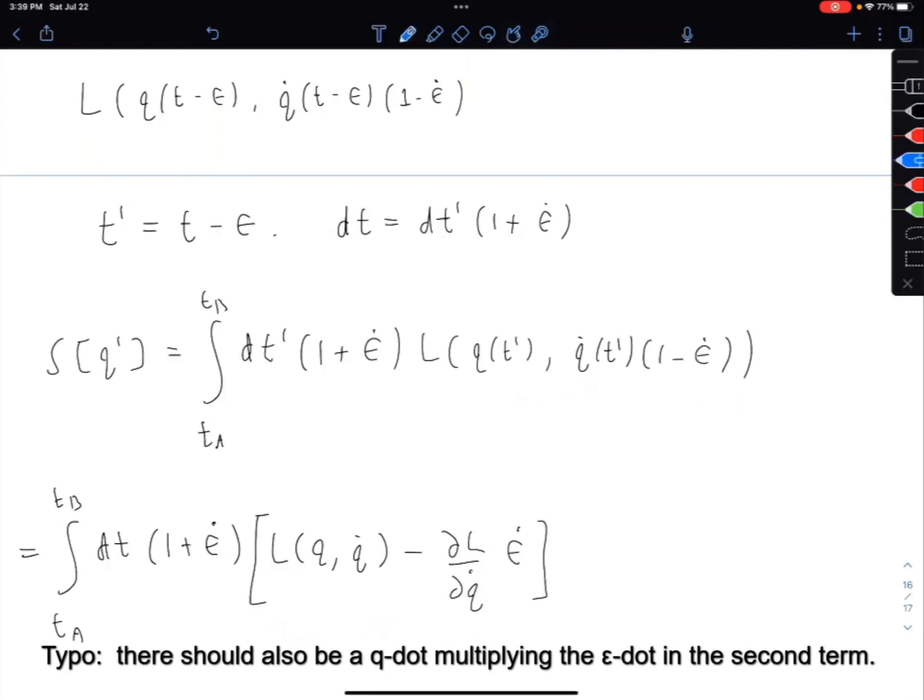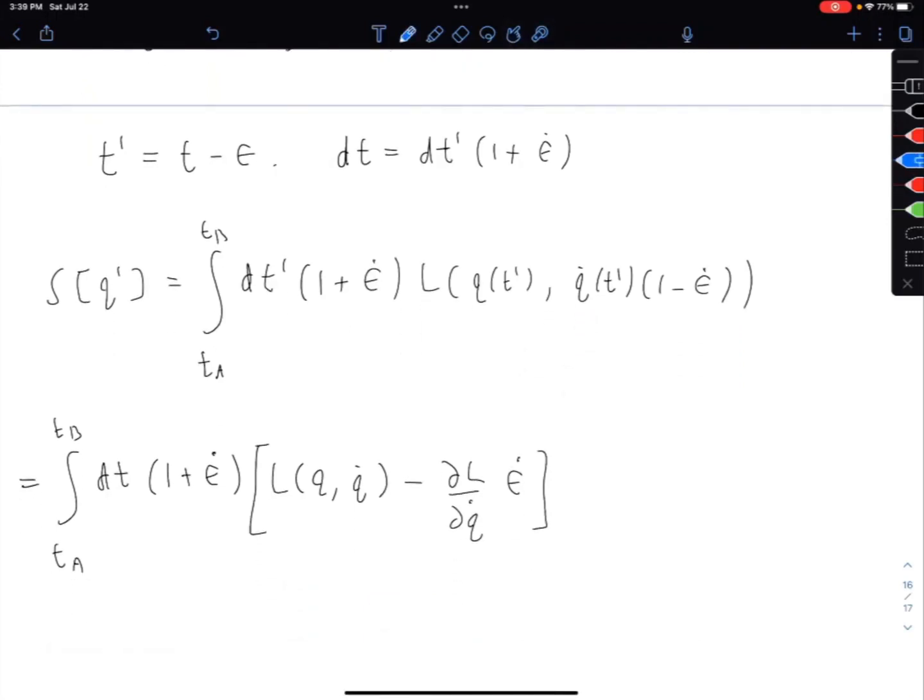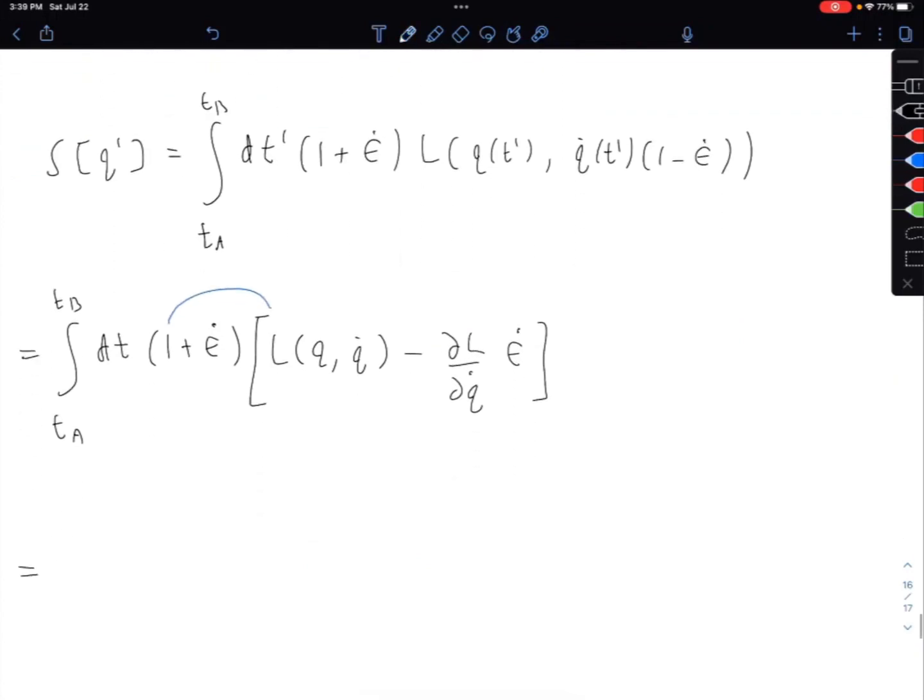Now I just factor this out. The term where I multiply the 1 by the L is just S of Q. Now I have two more terms.